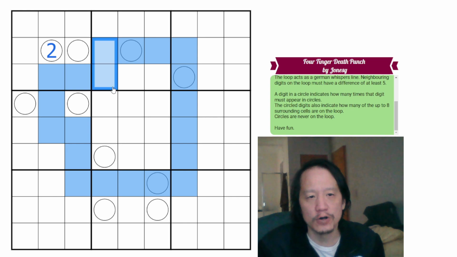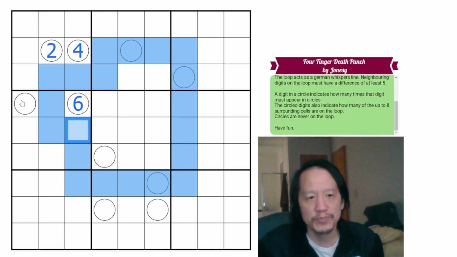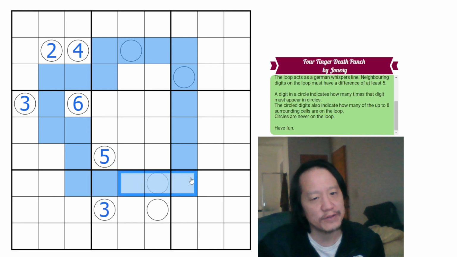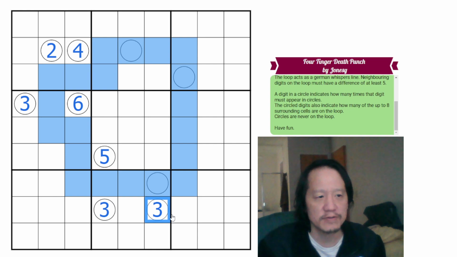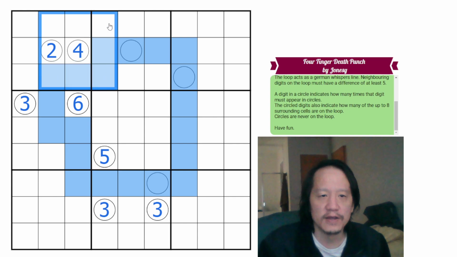This would be 4, because of the surrounding 8 cells, 4 of them are on the loop. This would be 1, 2, 3, 4, 5, 6. So of these cells, there would be 6 on the loop. This would be 3, etc., etc. This would be 5. This would be 3. This would be 3 also, which tells you something about this not being a valid loop. So those are examples of what they would be.